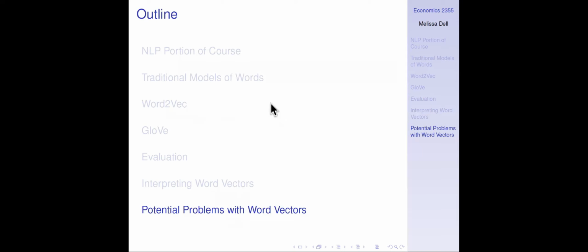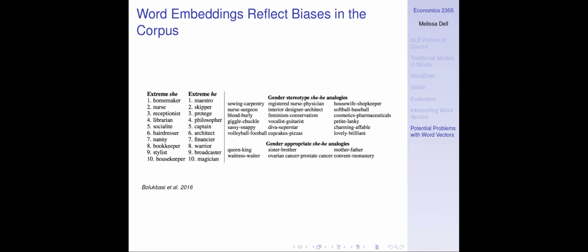And I want to talk a little bit about potential things to be aware of with word vectors. This goes for NLP more generally, but since word vectors are a bit older, we've seen more work done on that. In particular, I want to talk about how word embeddings can reflect biases in the corpus.